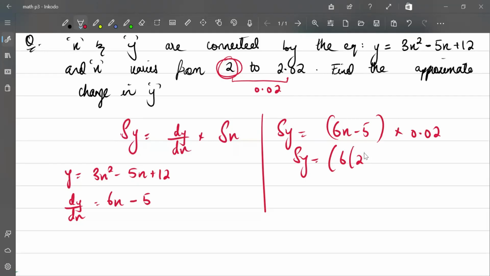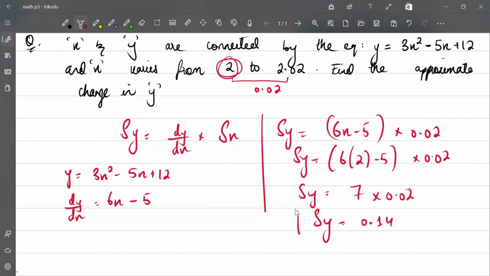So the value of x will be 2, minus 5, into 0.02. Small change in y would be 7 into 0.02, and small change in y is 0.14. All right.